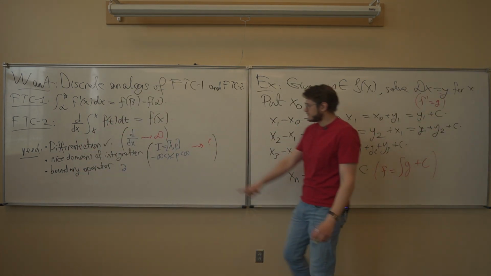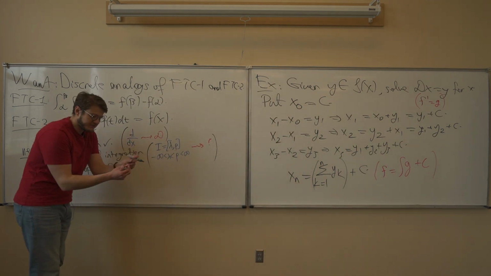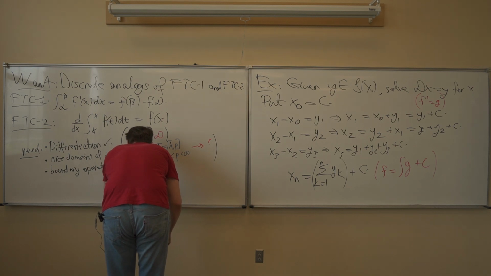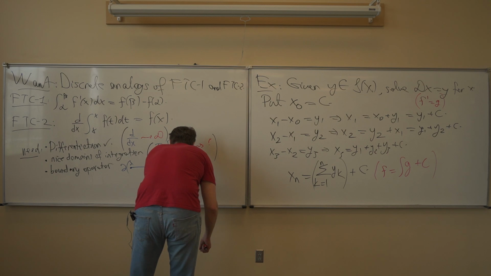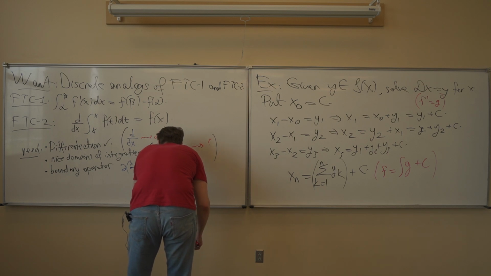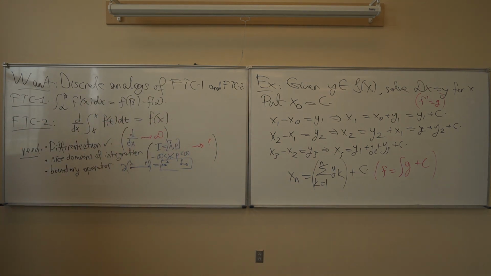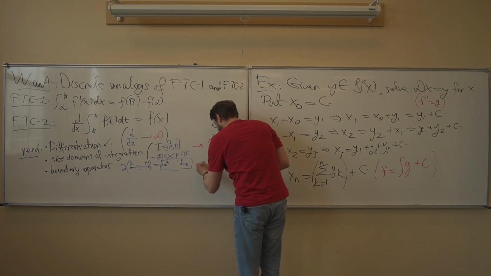Boundary of I is rho minus lambda. And plus and minus here are orientations. So maybe I should draw it like this. Okay, so we need an analog of this boundary operation so that I can use it on the right-hand side here.